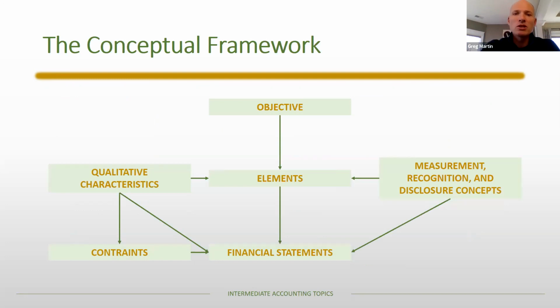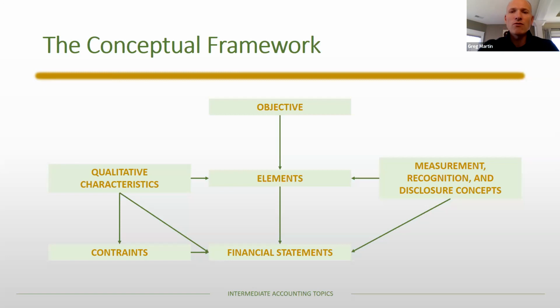Things start with the overall objective of financial accounting information outlined by SFAC 8. That objective then informs the different elements that we have within accounting: assets, liabilities, revenues, expenses. The overall objective really informs the way that we define our elements.